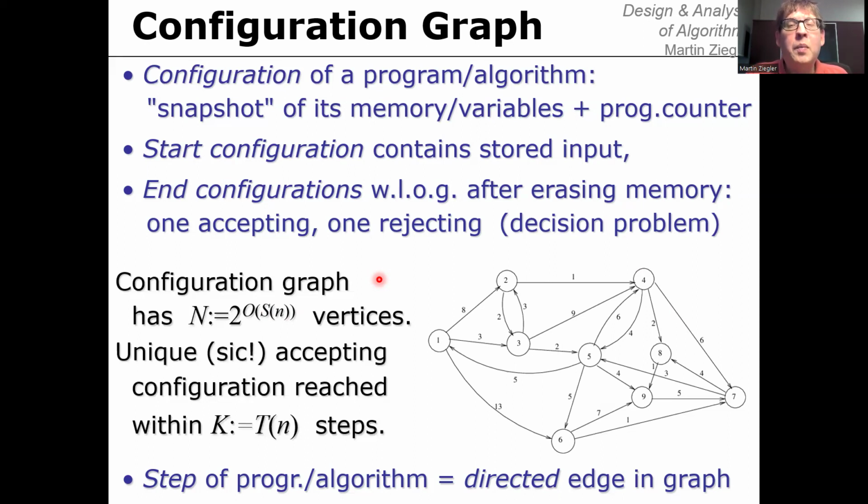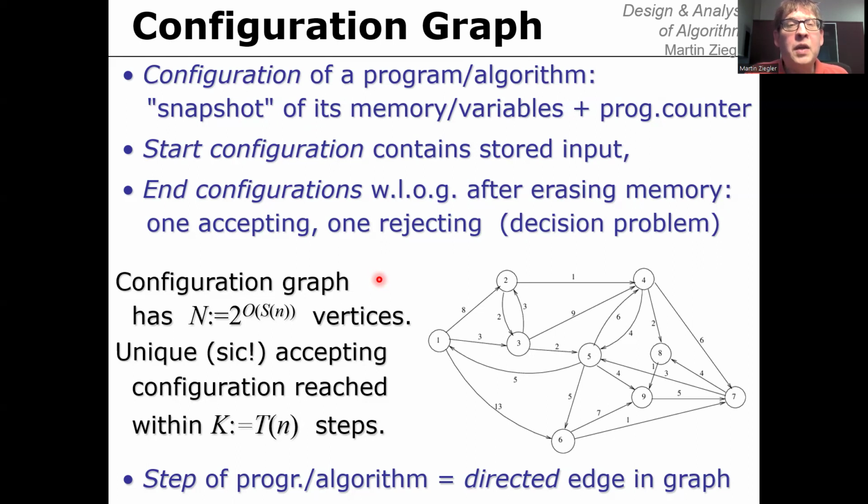If we consider a non-deterministic algorithm, or a randomized algorithm, flipping a bit or making one non-deterministic choice corresponds to a fork in this graph, to a node having two possible different successor nodes. But for a deterministic algorithm, the graph is just a union of paths from different start configurations to one of the two possible end configurations, the accepting and the rejecting one.